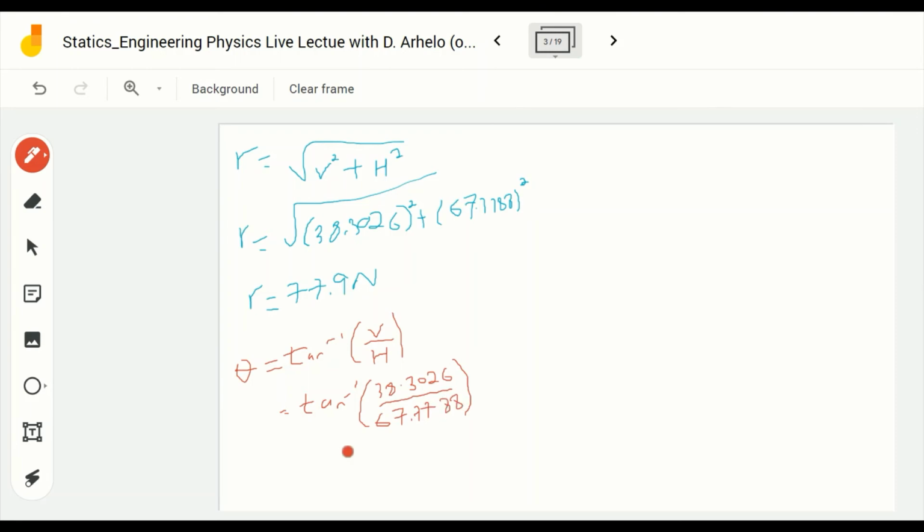Now if you put this in your calculator, our theta should be equal to 29.5 degrees.